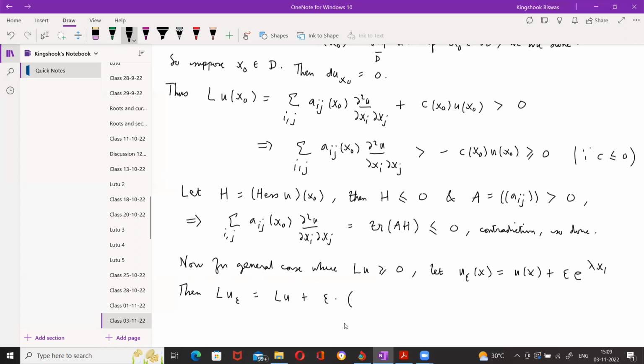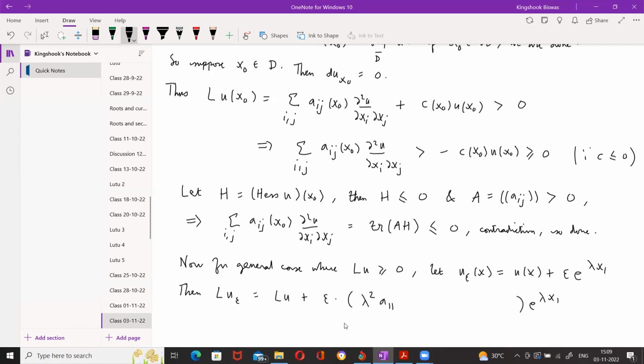All the other partials will be 0. So when I differentiate with respect to x1, I'll get lambda squared A11, and then outside I'll have e to the lambda x1.